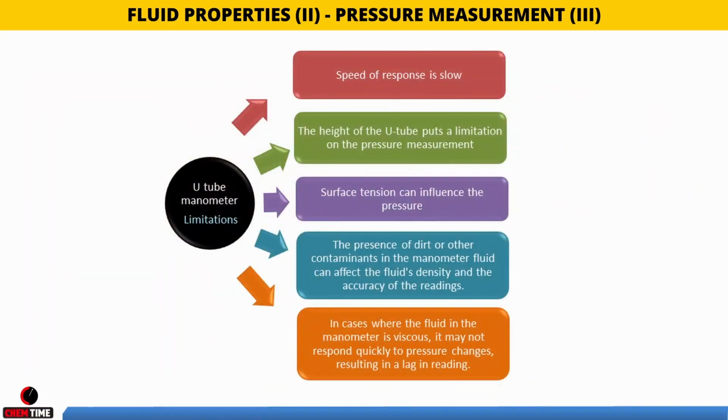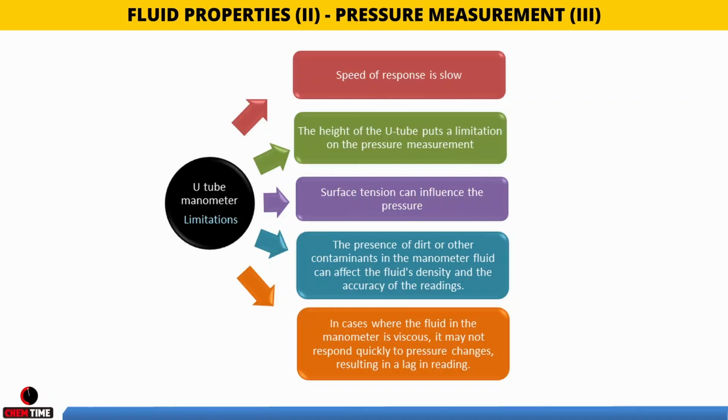Limitations of the U-tube manometer are: speed of response is low. When we discuss the topic on process control, we'll know more about the speed of response. The second limitation is the height of the U-tube puts a limitation on the pressure measurement. Higher the pressure, higher the height of the U-tube, and hence we may not be in a position to use the U-tube manometer for pressure measurement.